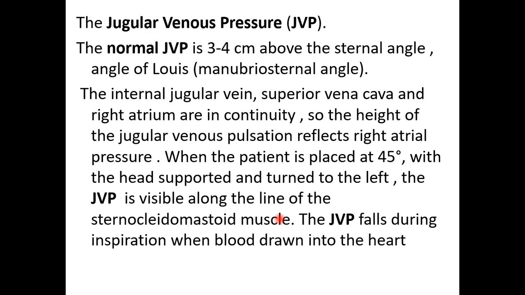The internal jugular vein, of course when we measure the JVP we measure the internal jugular vein, not the external jugular vein. The internal jugular vein, superior vena cava and right atrium are in continuity. So the height of the jugular venous pulsation reflects the right atrial pressure. So as the right atrial pressure increases, the jugular venous pressure increases.